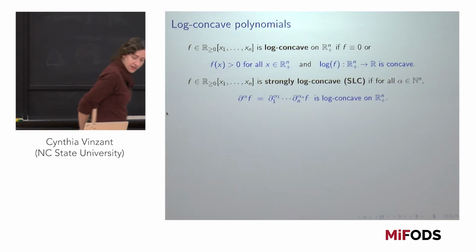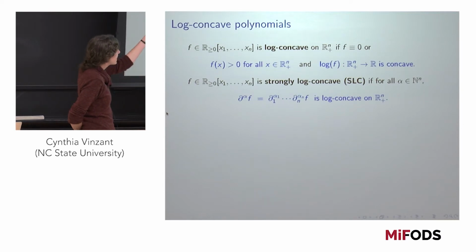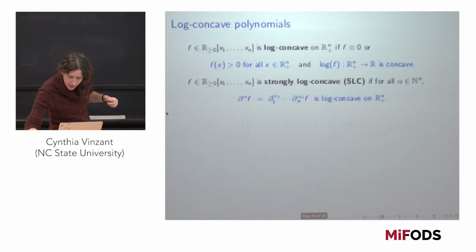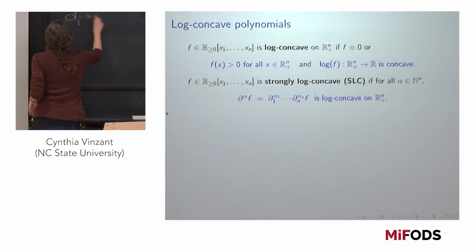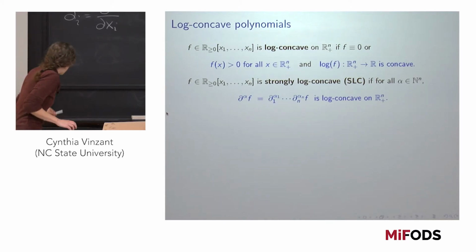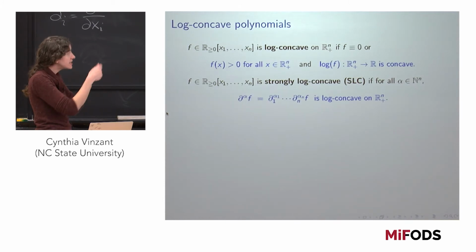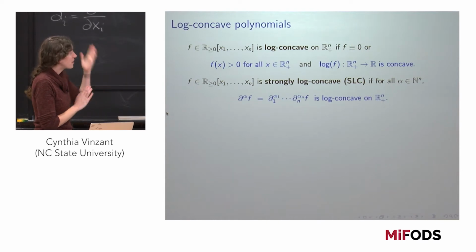So I'm going to say that f is strongly log concave if whenever I take any derivatives of f, however many times, where partial i is really taking a derivative with respect to the variable x_i, and no matter how I take derivatives with respect to various variables, however many times, I always end up with a polynomial with this property.